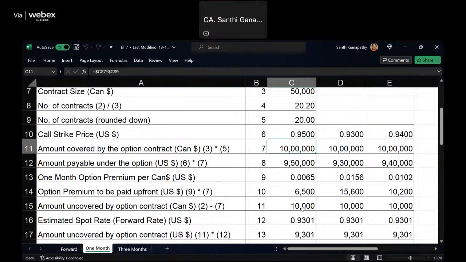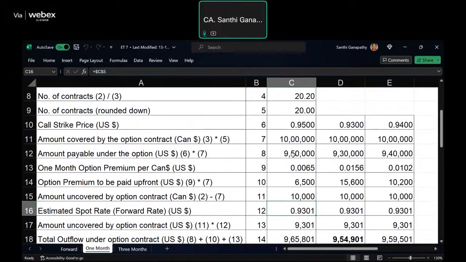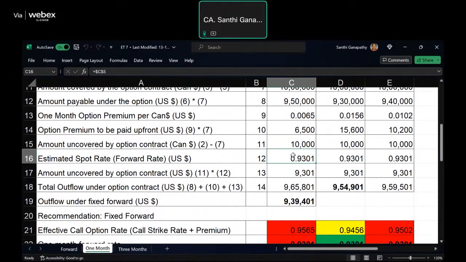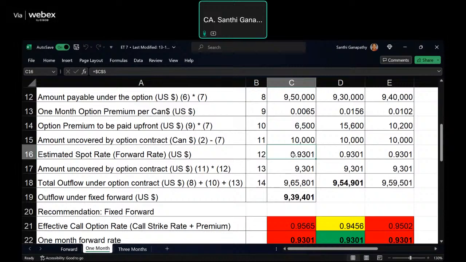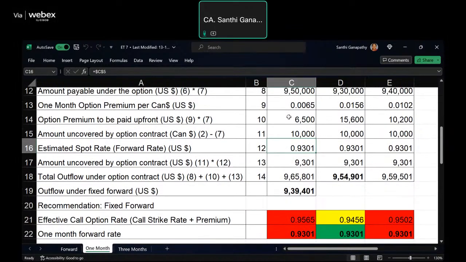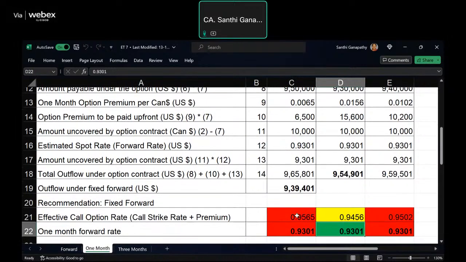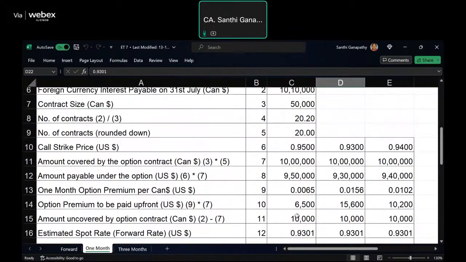As far as forward is concerned, it is 0.9301. As far as option is concerned, we know the effective price is whatever is the strike rate plus the premium. Now, I could have very easily come to the conclusion that I would be interested in this. Why? Because look at the call strike rate, 0.95. Over and above this, I'm going to have the premium.